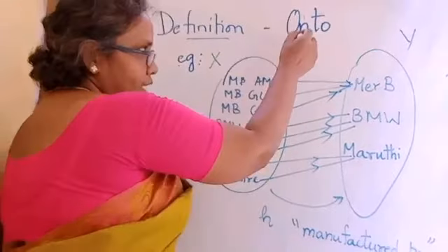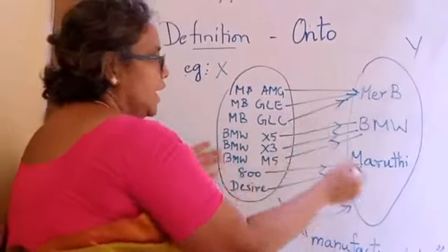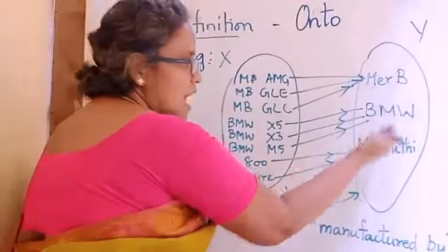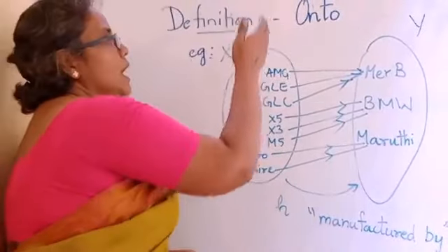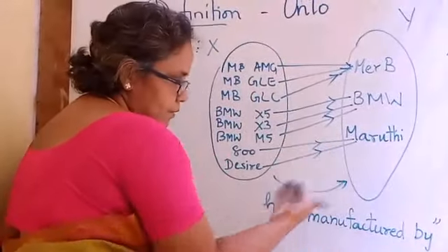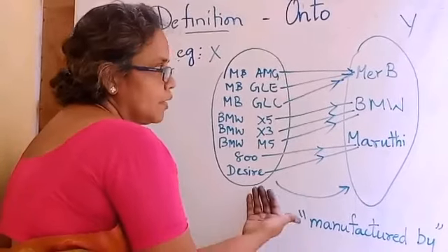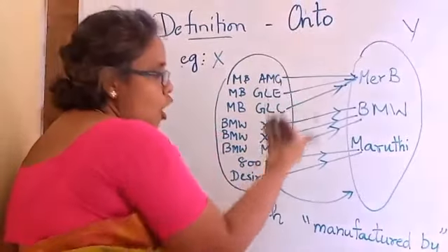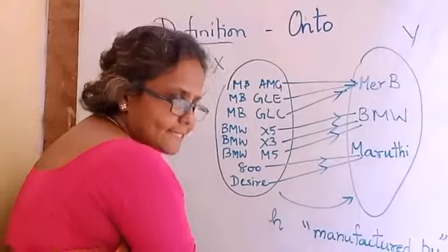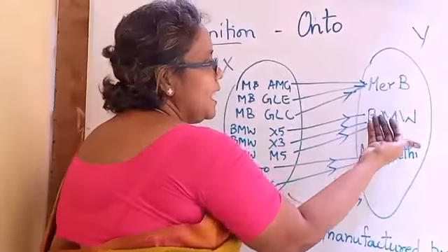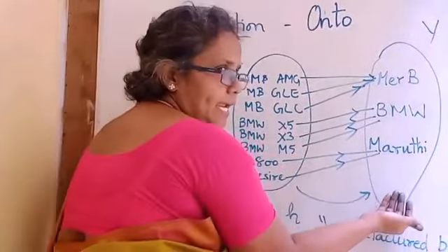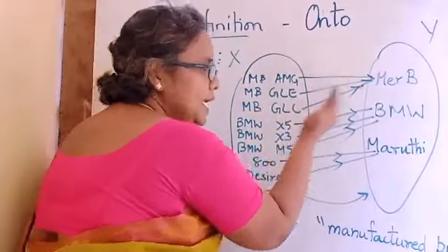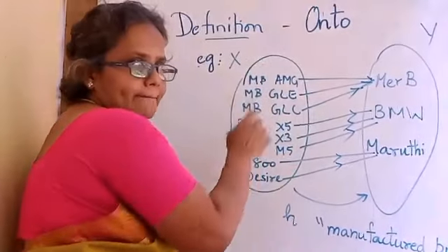So let's define the onto function. Looking at this diagrammatic representation, start from the codomain. This is a function, h is a function, and it is called an onto function since every element of the codomain has a pre-image in the domain.